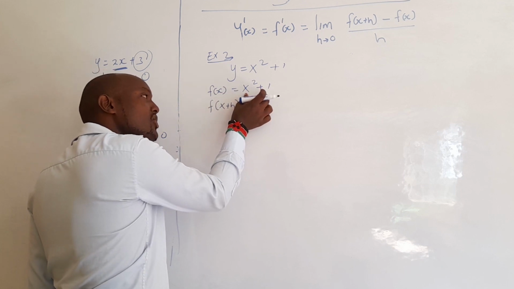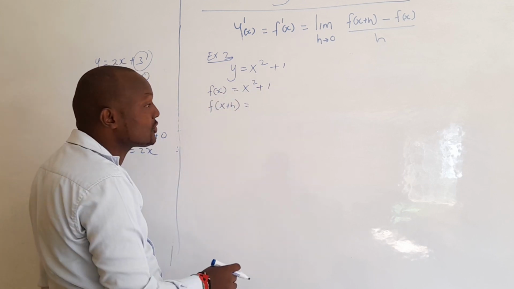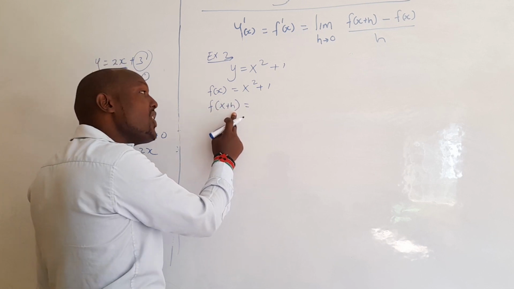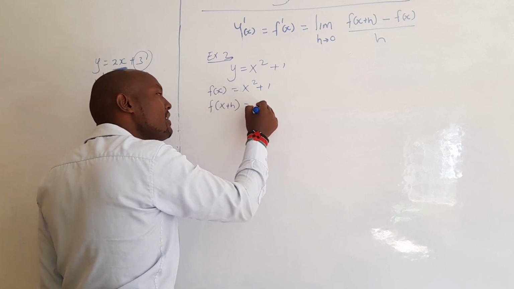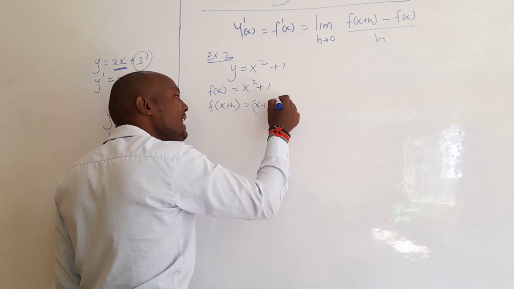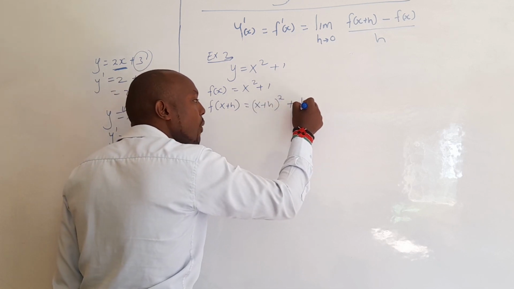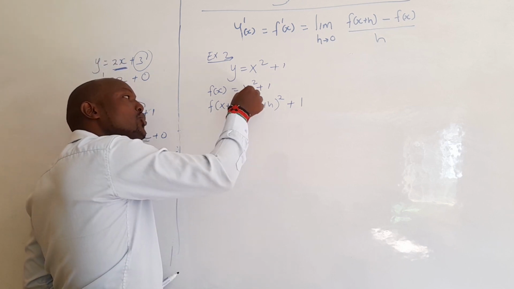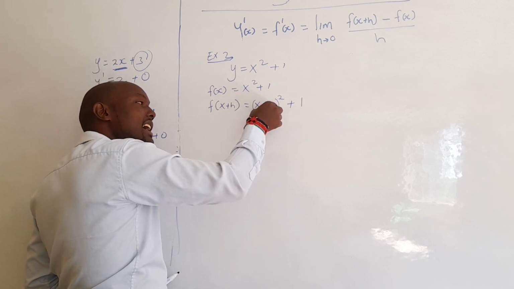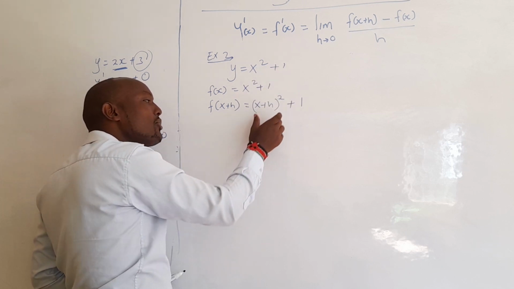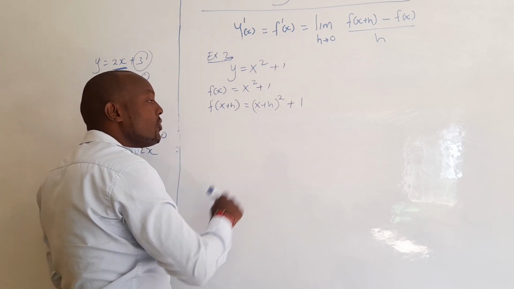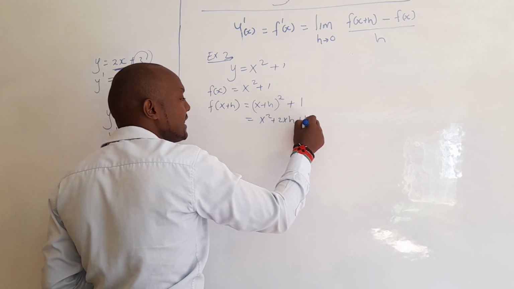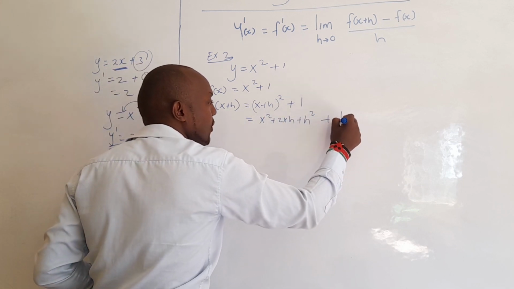Remember, our function is x squared plus 1. So wherever we want to get the function of x plus h, we replace wherever we had x with x plus h. So that one will be x plus h squared plus 1. So we are replacing x plus h to where we had our x. So it was x squared, it will be this one squared. If it was cubed, it will be this one cubed. So when you open this one, I know you get x squared plus 2xh plus h squared, now plus 1.